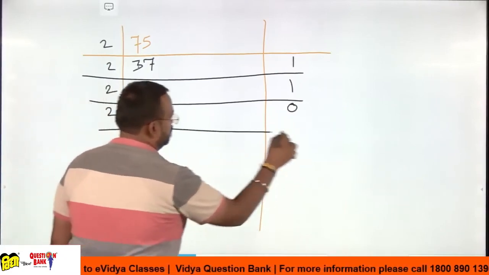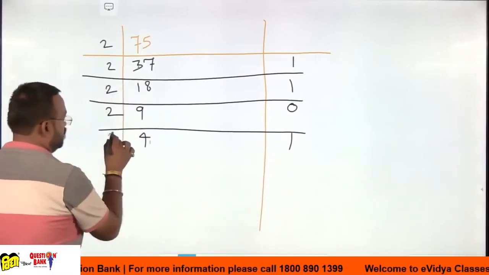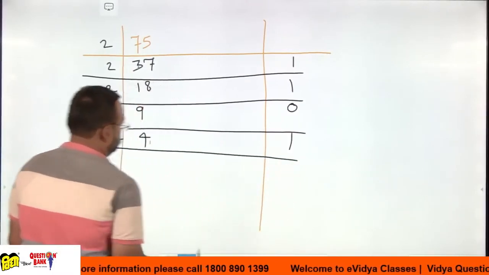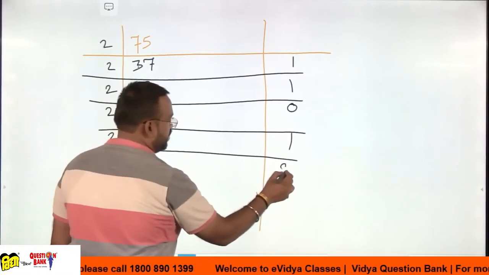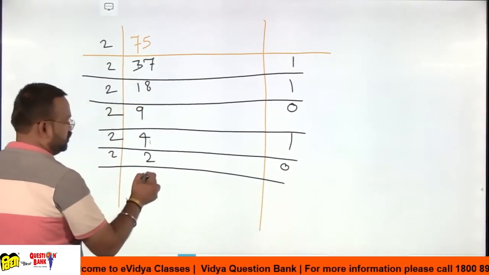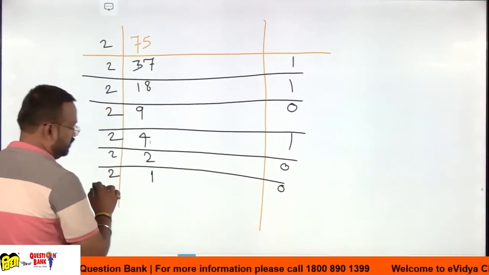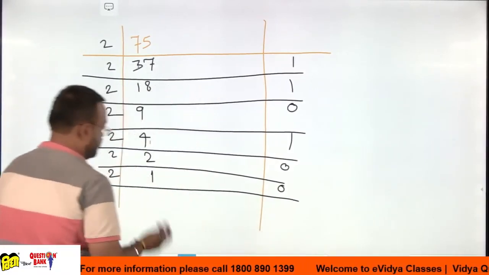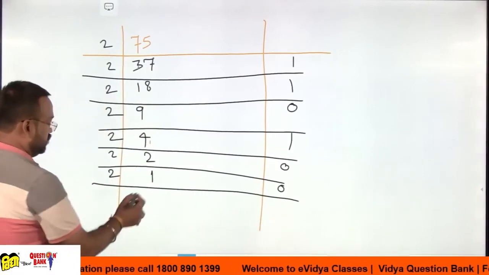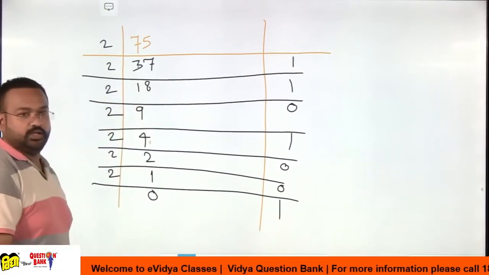Again 2 4s are 8. The remainder is 1. Again 2 2s are 4. The remainder is 0. Again 2 1s are 2. Remainder 0 again. Now can we divide it? No. So now the quotient becomes 0 and the remainder would be 1.